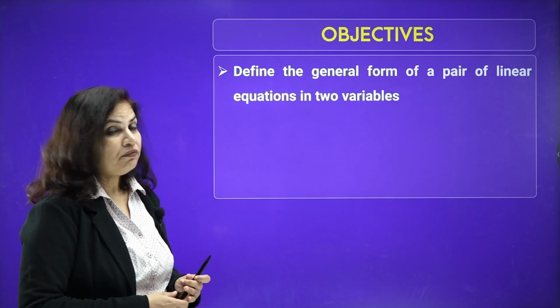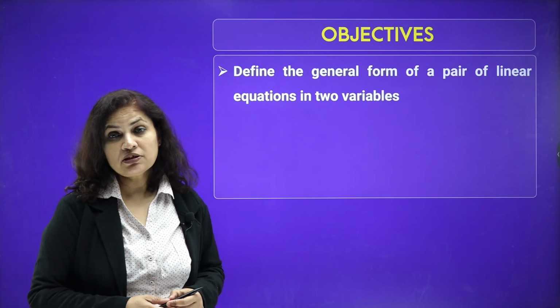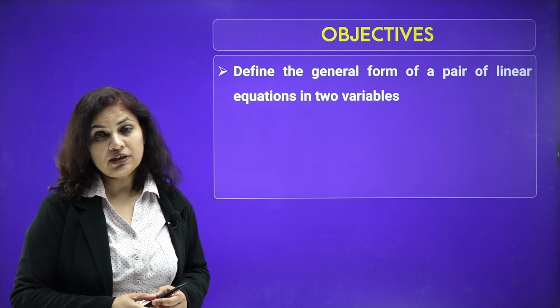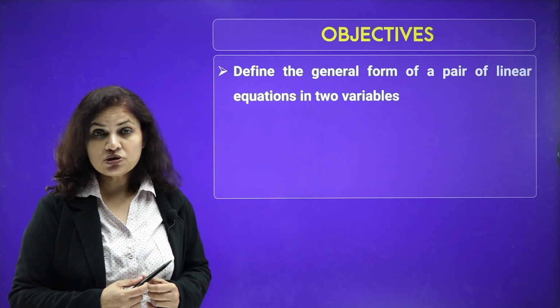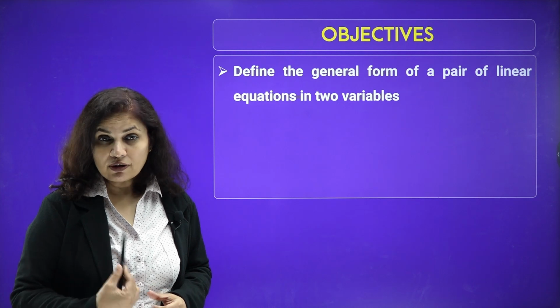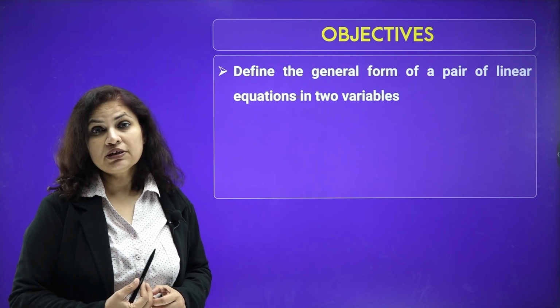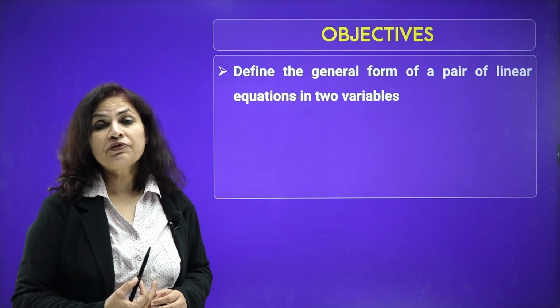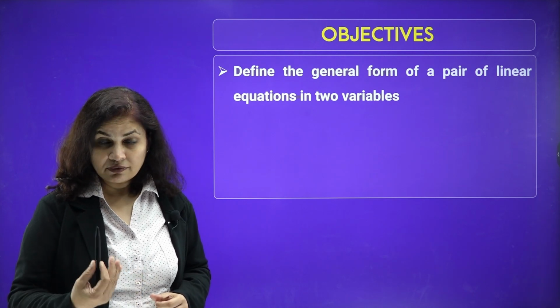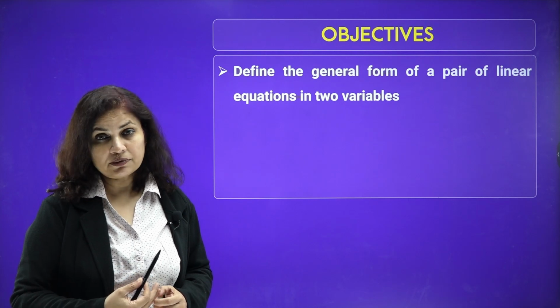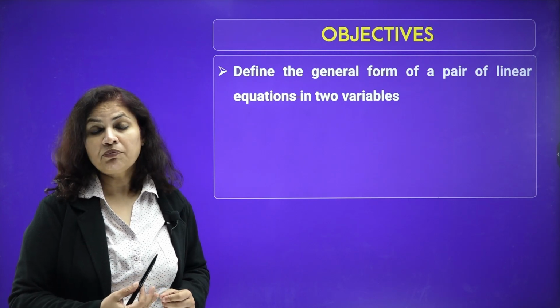Now, to begin with the objectives, what we are going to learn in this chapter and why, we will be learning how to define the general form of a pair of linear equations in two variables. Since we are dealing with two variables, to solve them we need at least two equations. The number of equations required to solve the values of unknown variables is always equal to the number of variables.